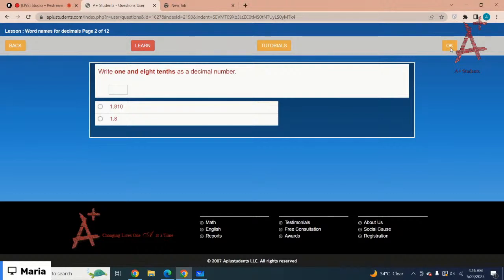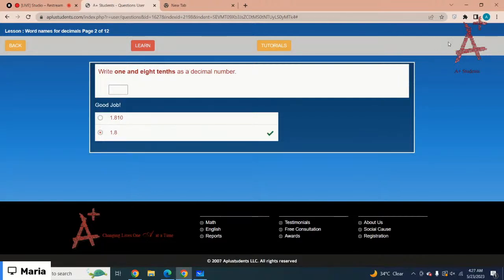So which is the correct option? It would be 1.8. The correct option is 1.8. Got it? 8/10 means the 8 is the digit right after the decimal. Got it?